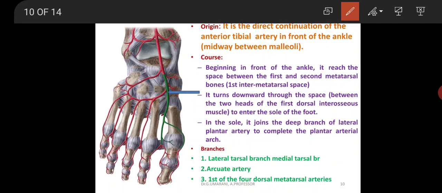Here, the green one is the dorsalis pedis artery, the continuation from above of the anterior tibial artery between the two malleoli, and it reaches between the two metatarsals.